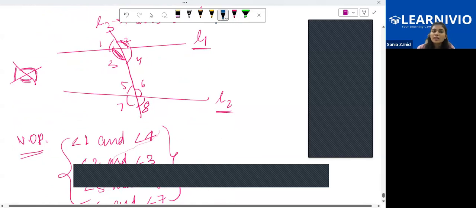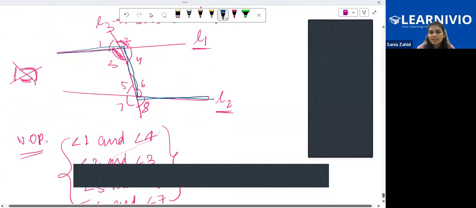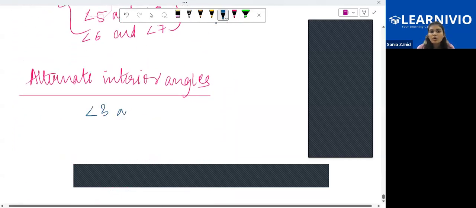In this figure, try to form a Z. This is a Z, right? So the angles which are made at the Z, like you have one angle over here and one angle over here. Okay, so angle 3 and angle 6. These are alternate interior angles.